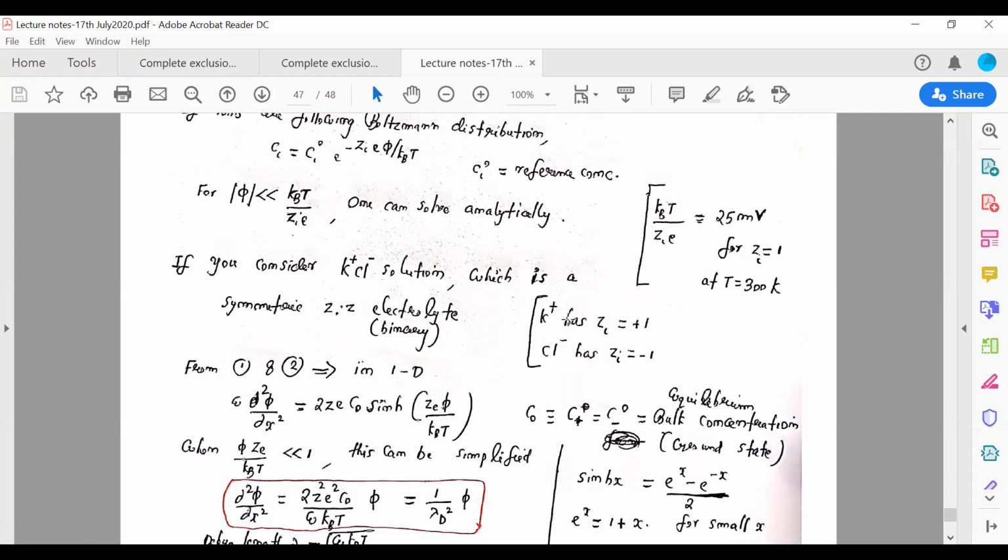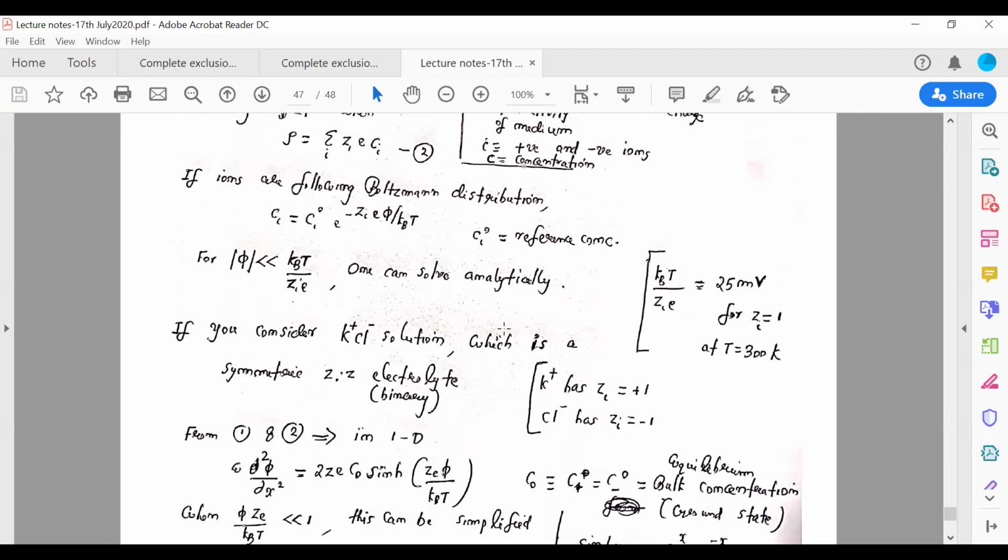For example, if you want to apply a very high effective voltage, then this is not a very good option. You understand? So you have to have some modification on this one. This is actually a simplified version, valid as long as our applied voltage is much smaller than this phi, this is the potential.